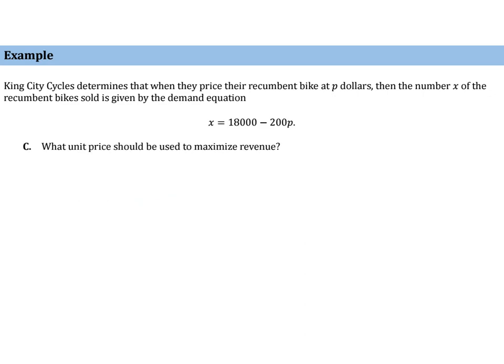Now, what would be the unit price to maximize revenue? So again, we had R equals 18,000 minus 200p, all times p. That is a quadratic function. Let's write it as such.